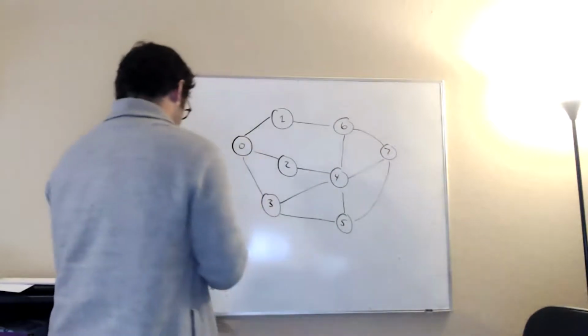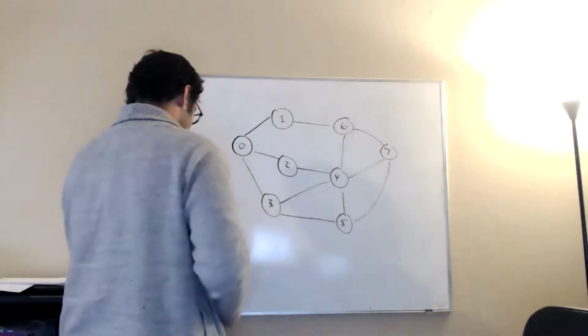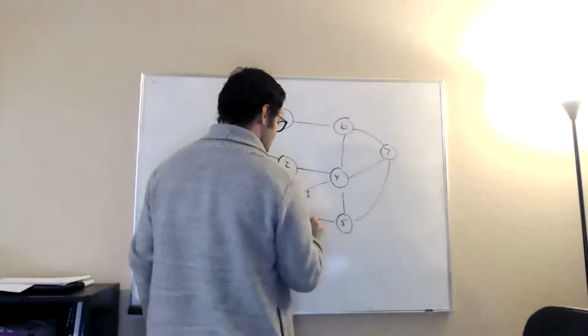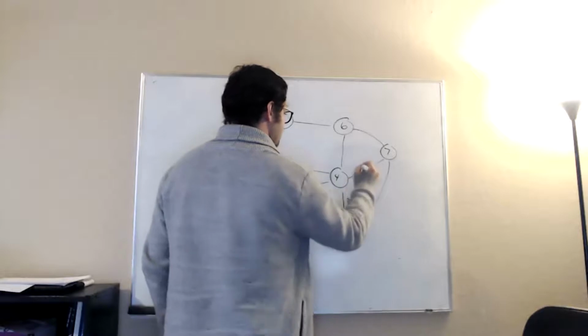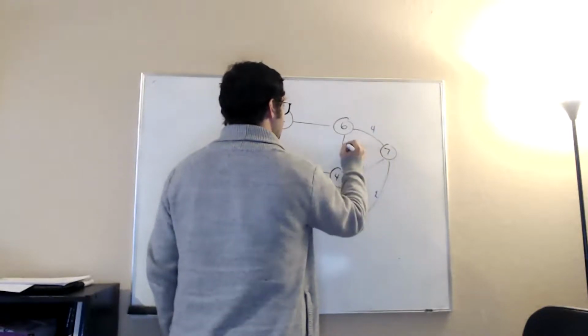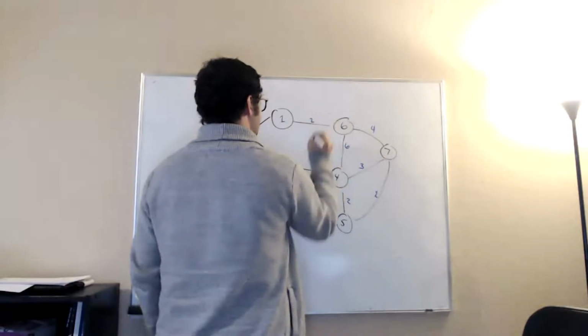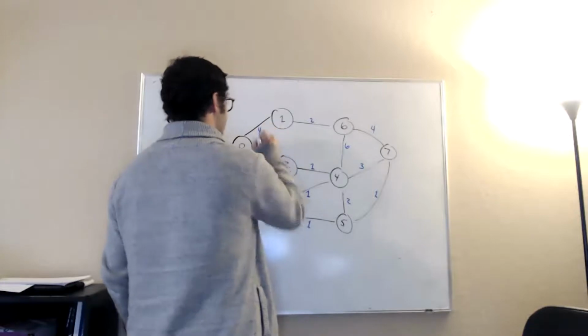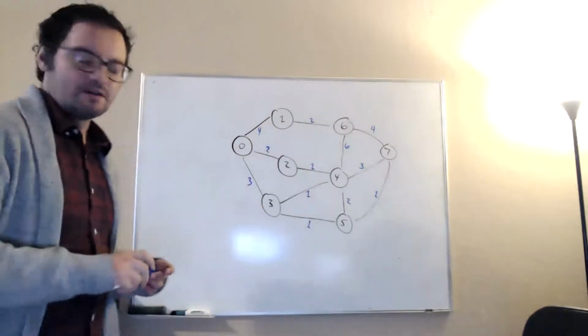And then we can put weights on this. And I'm just making up these weights as I go. So like 1, 1, 2, 3, 1, 4, 6, 2, 1, 2, 3, and 4. I literally just made that up.